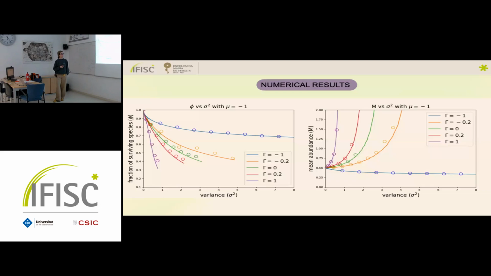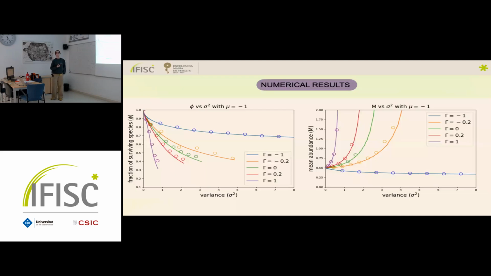From this other plot, we can see instead that even though the fraction of surviving species is bigger for competitive systems, the mean abundance of the species for competitive systems is actually smaller with respect to cooperative ones. So this is the first check that we did.